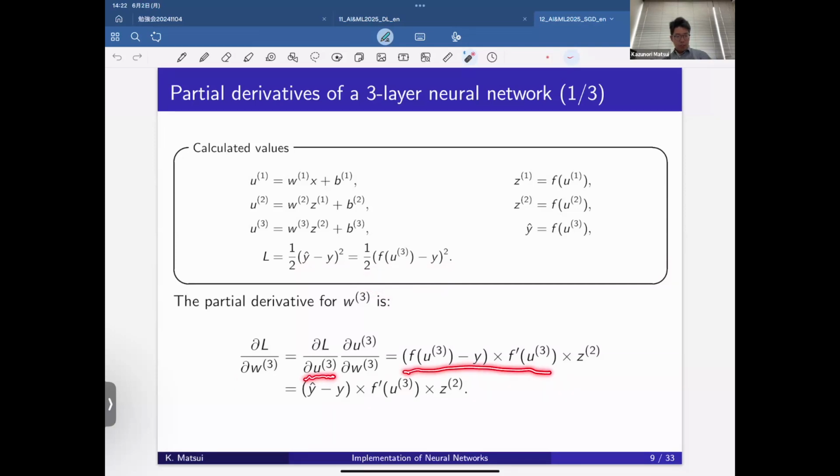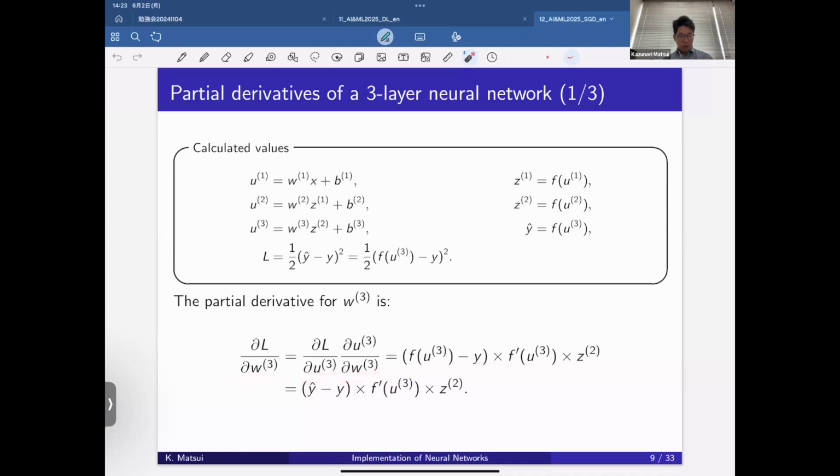To calculate the partial derivative with respect to W3, this is the same as multiplying the partial derivative with respect to u3 by the partial derivative of u3 with respect to W3.